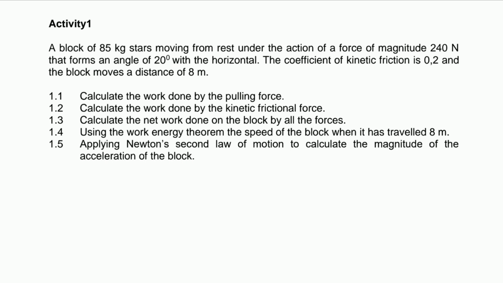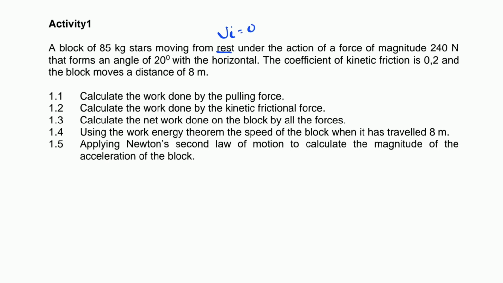The first question said a block of 85 kilograms starts moving from rest, and let's write some data already here. It means the initial velocity, the initial speed of the object, is 0.